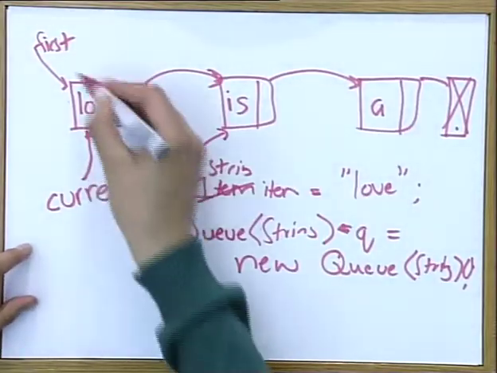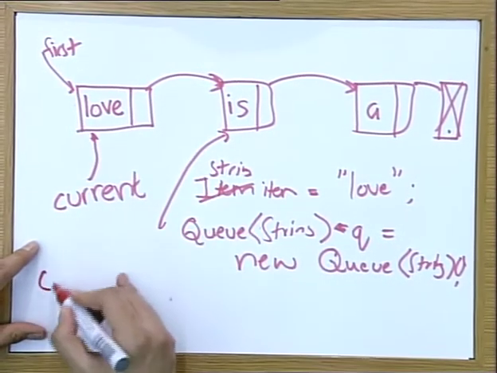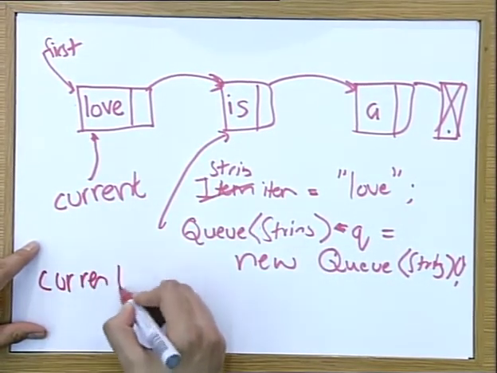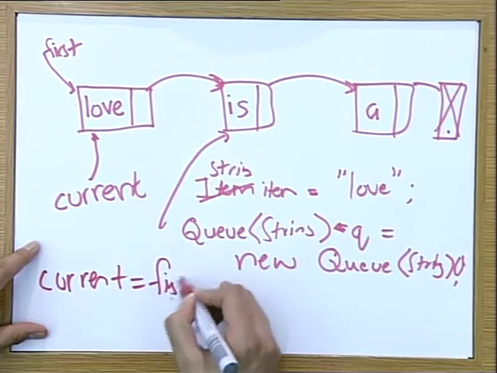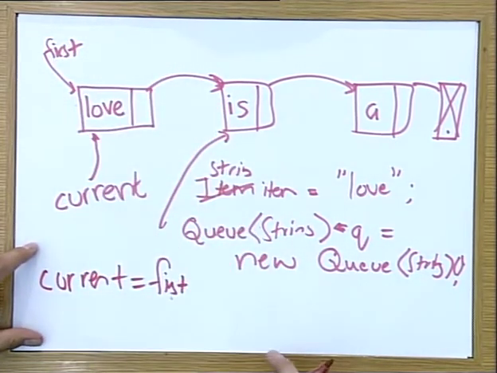So let me just show this example. In this code, I would have said current is equal to first. So then they're pointing to the same block of memory.